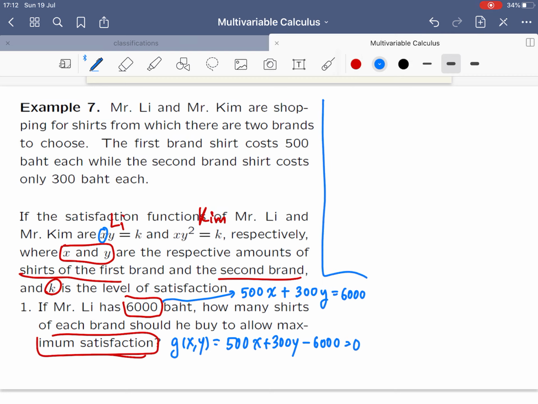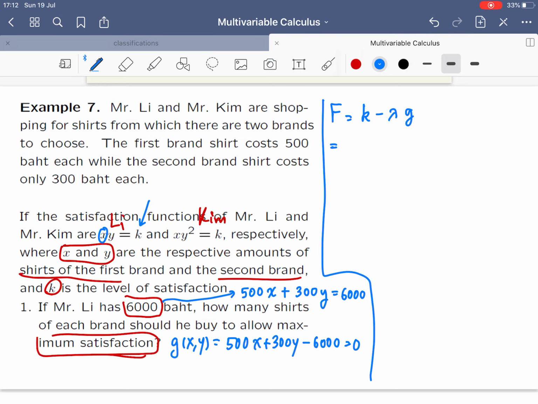So what is your capital F? Your capital F is the satisfaction of Mr. Lee, right? So let's just use the small k minus lambda g.